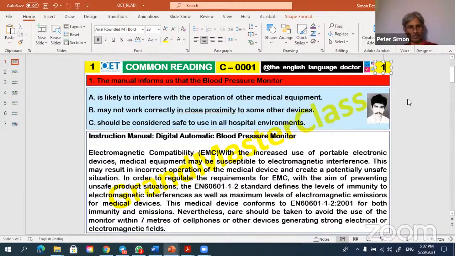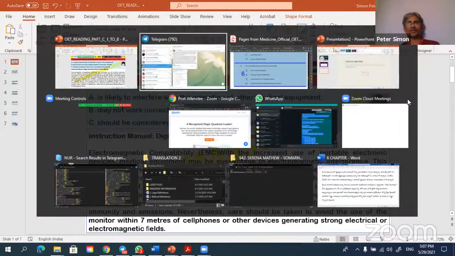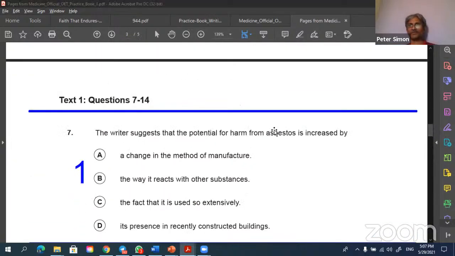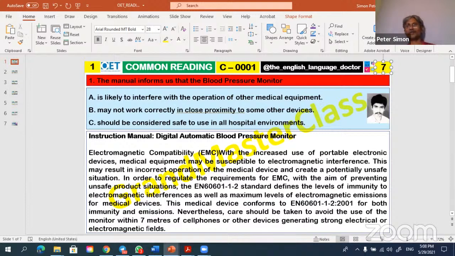Question number 7. Yes, question number 7. So both the things are there. Paragraph number 1, question number 7. So anyhow, question is going to come here. So this is question number 7.